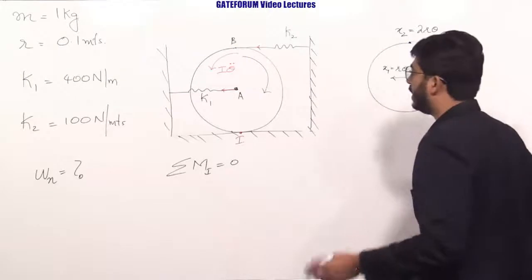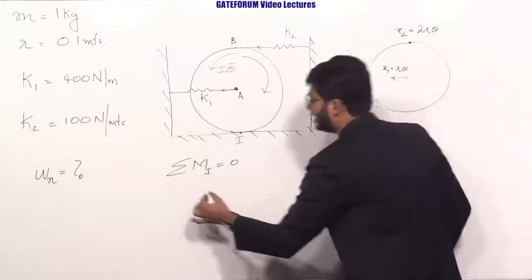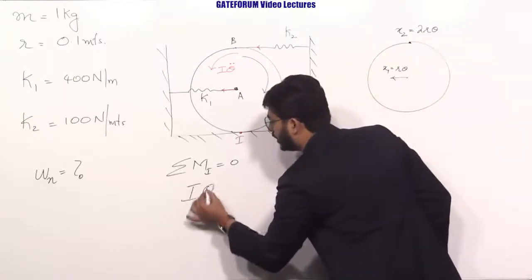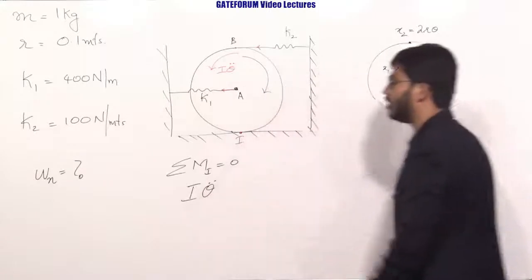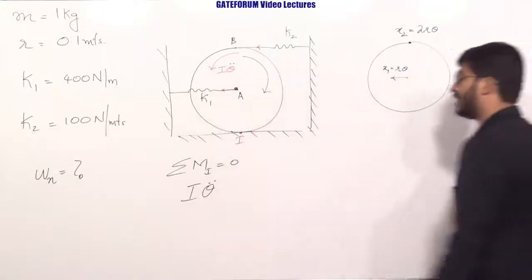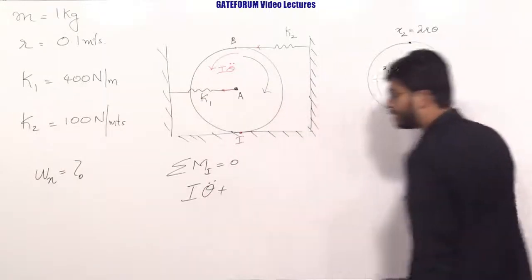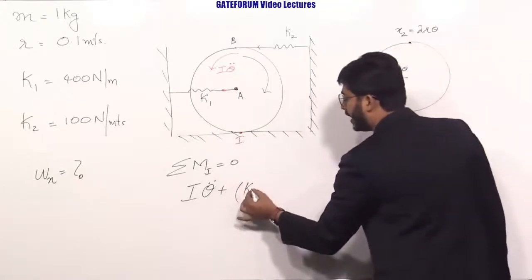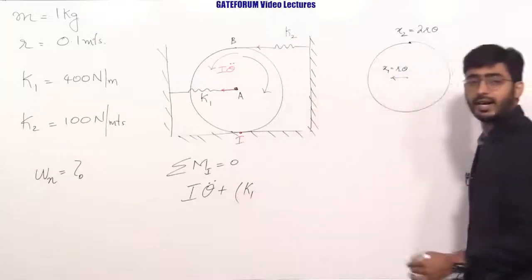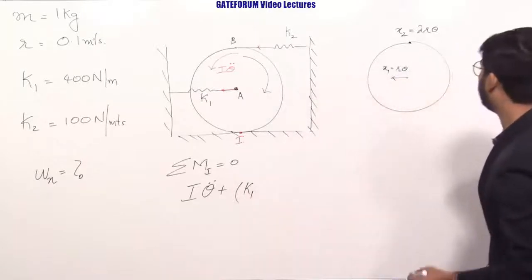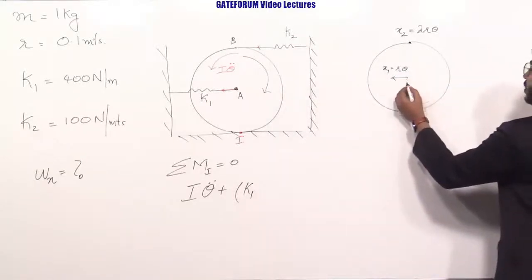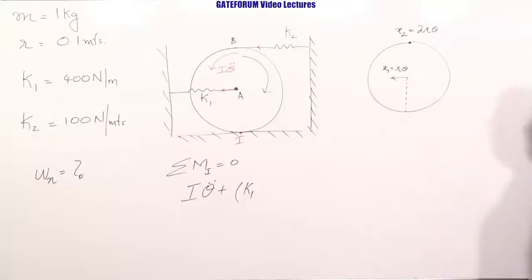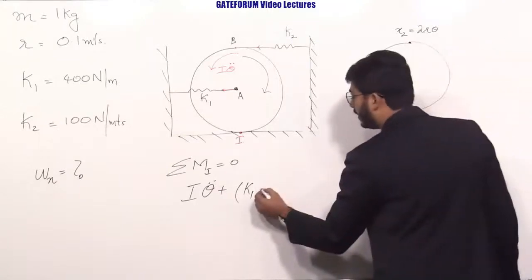Now here the first term will be I theta double dot, that is the restoring torque. Next will be the spring force. Let us say K1 is getting stretched, so the spring force exerted will be K1 into r theta.